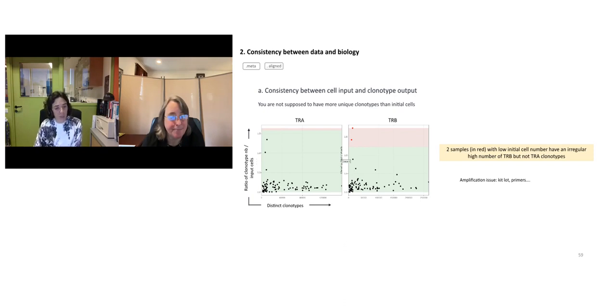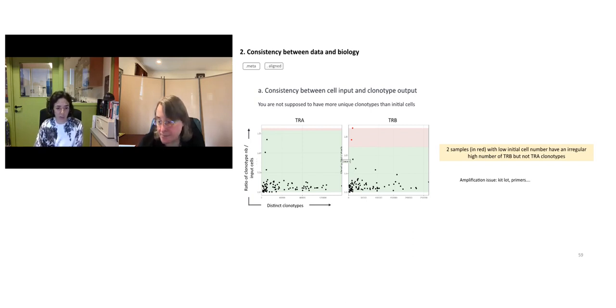This is something that we can track and that can identify outliers or samples that for some reason went bad. So again, there is no other possibility than repeating the analysis or the sequencing or the amplification.